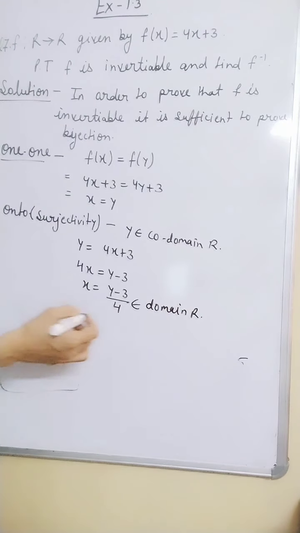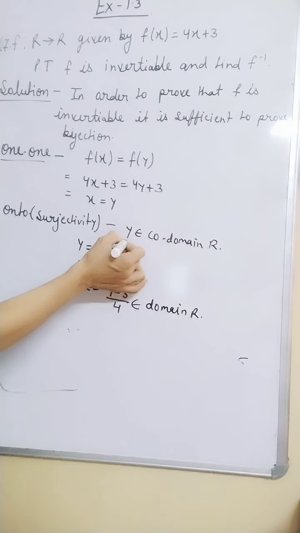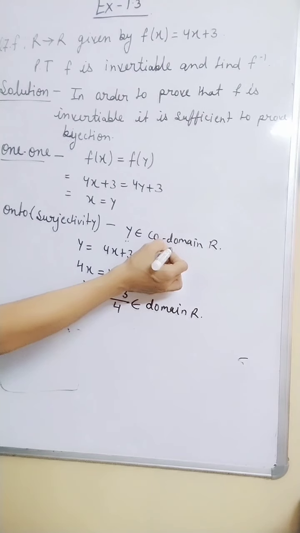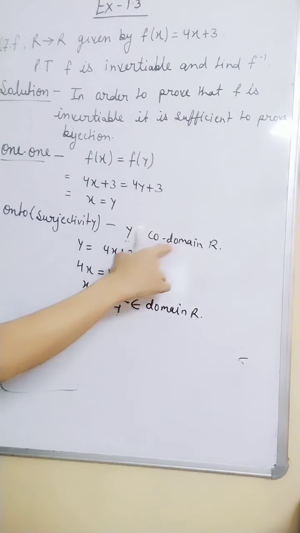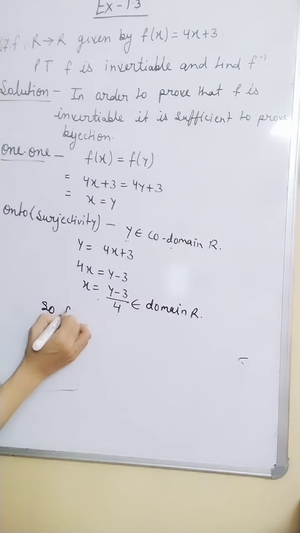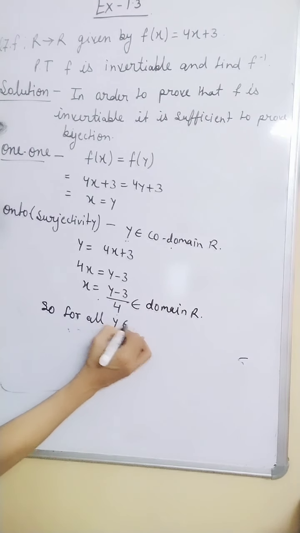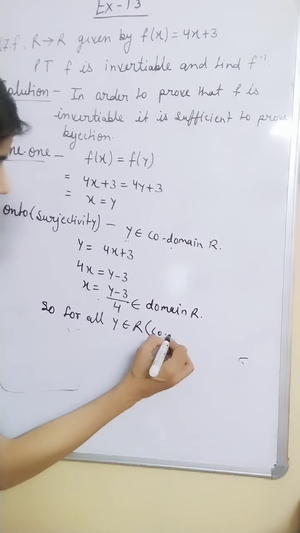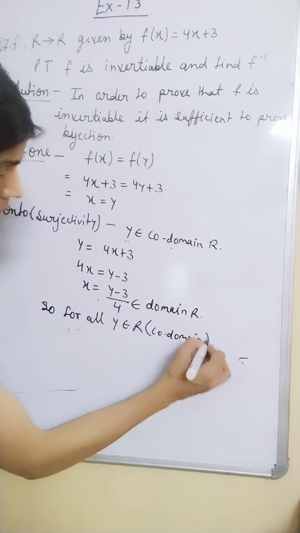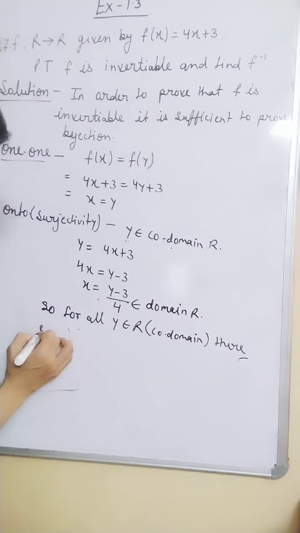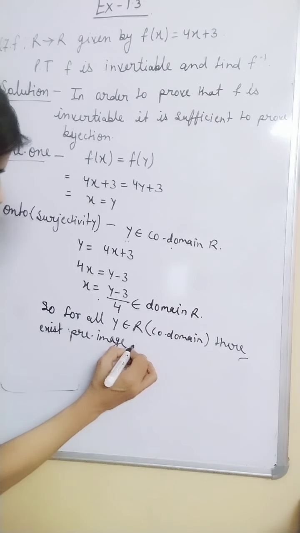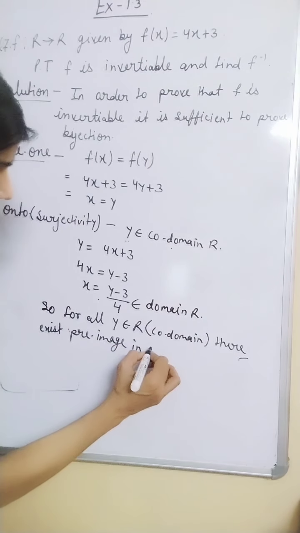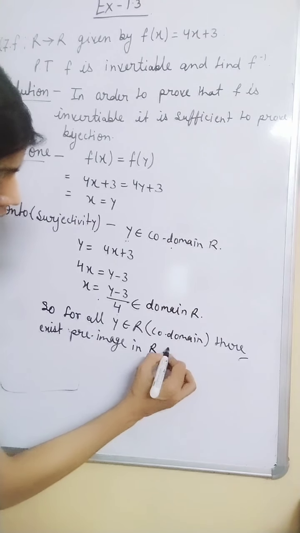So what we are getting, there exists a pre-image for each y belonging to codomain in domain. Means for all y belonging to R, means codomain, there exists a pre-image in R domain, right?